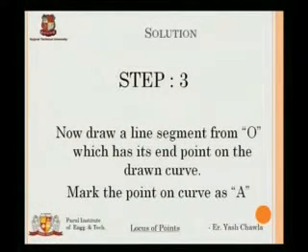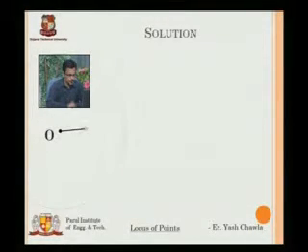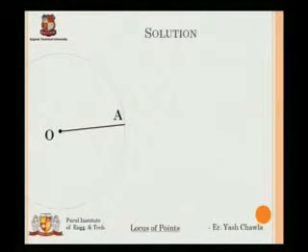The next step. Now we have the center and the curve. So now we will join O up to the end point of the circle, and we'll mark it as A. This OA is the first crank, that is going to be oscillating.